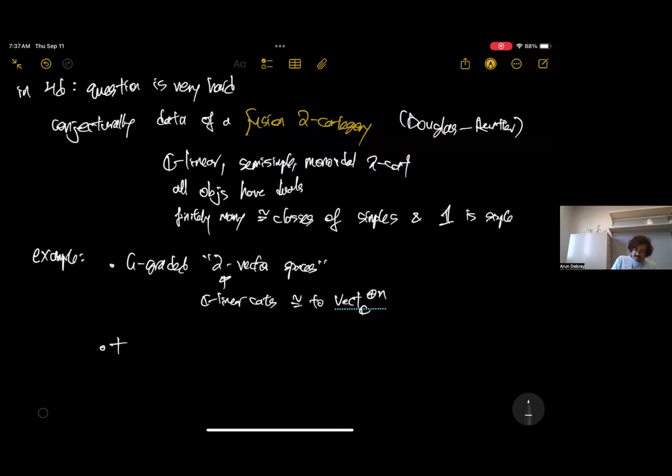You can also twist this. So this thing, by virtue of being a monoidal 2 category, has a pentagonator, the thing which witnesses the pentagon identity. And the pentagonator is going to end up having four group elements in it. So you can twist it by a 4 cocycle.